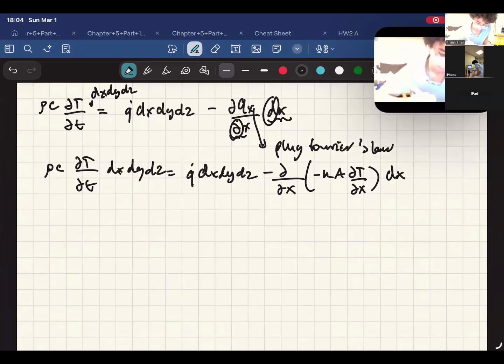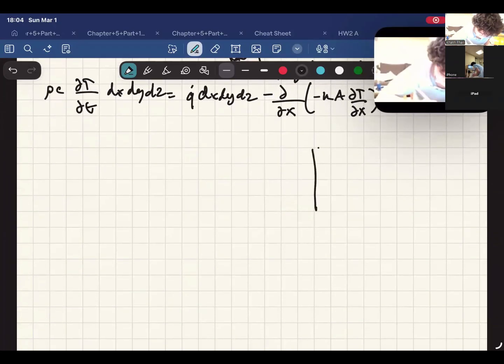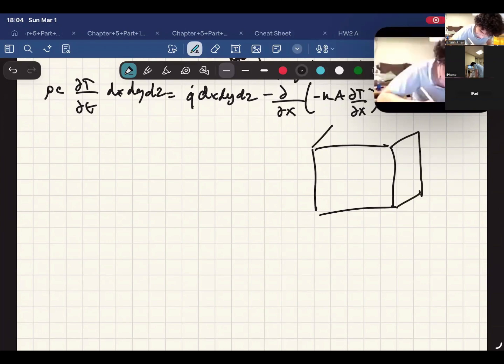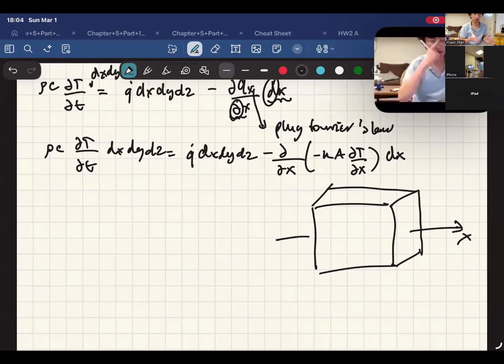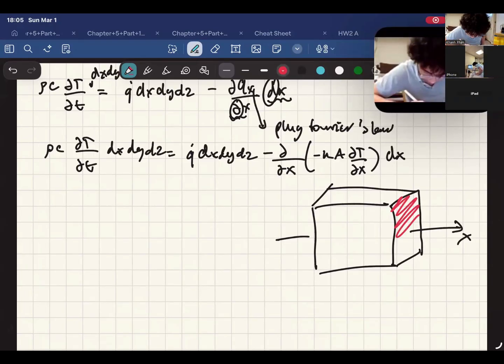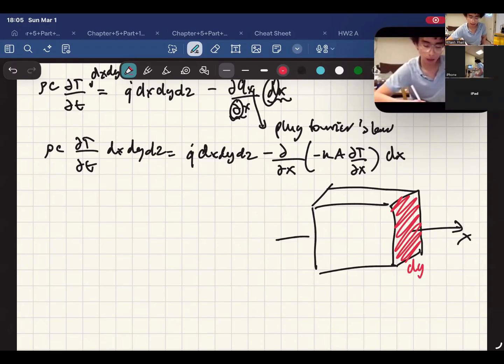So I'm gonna draw again so I can show you guys what the area represents, okay? We know that heat goes over x, and in Fourier's law, the area is the cross-sectional area that heat crosses. So that would be this area, and this area is made up of dy and dz.